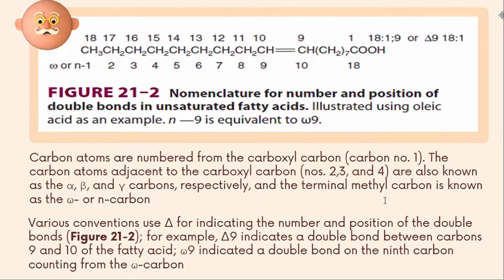And the terminal methyl carbon is known as the omega carbon, which is on this side, or n carbon. Various conventions use delta for indicating the number and position of the double bonds. For example, delta 9 indicates a double bond between carbons 9 and 10 of the fatty acid, and omega 9 indicates a double bond on the 9th carbon counting from the omega carbon.